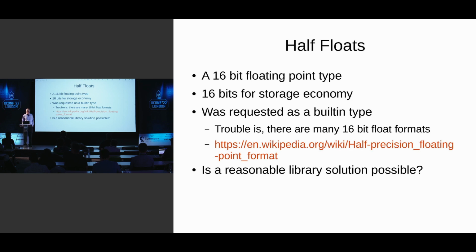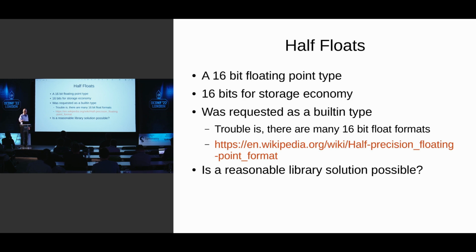And the trouble with it was everybody has their own notion of what a 16-bit float should look like. So there's no standard on it. There are several competing formats, each with their adherents. And wiring them all into the compiler is not practical.